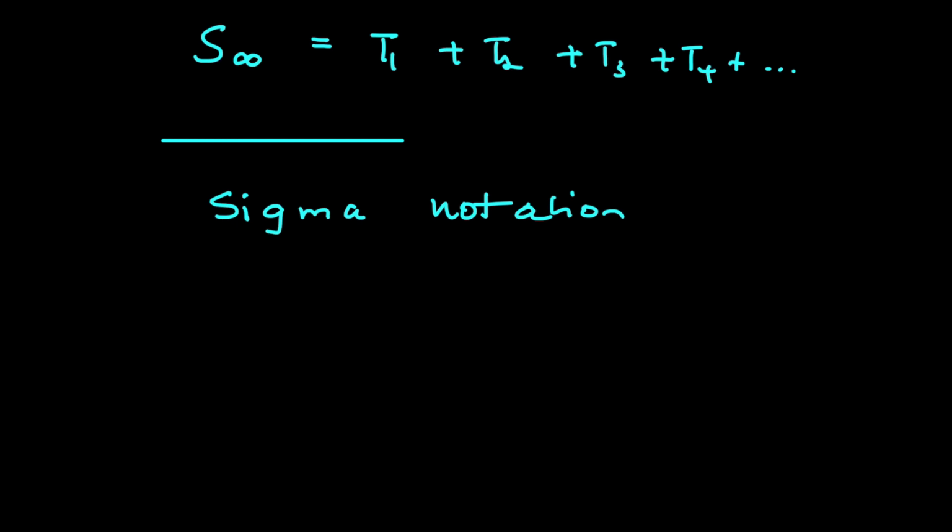This notation is used for writing the sum of a given number of terms in a sequence, and it's represented like this. That is the sigma notation, the sum expression.